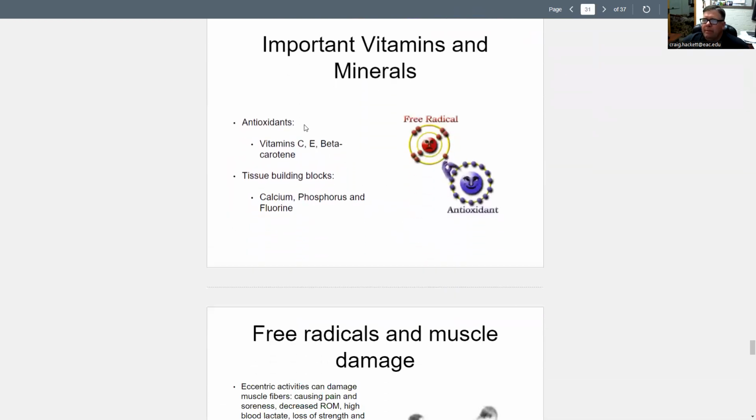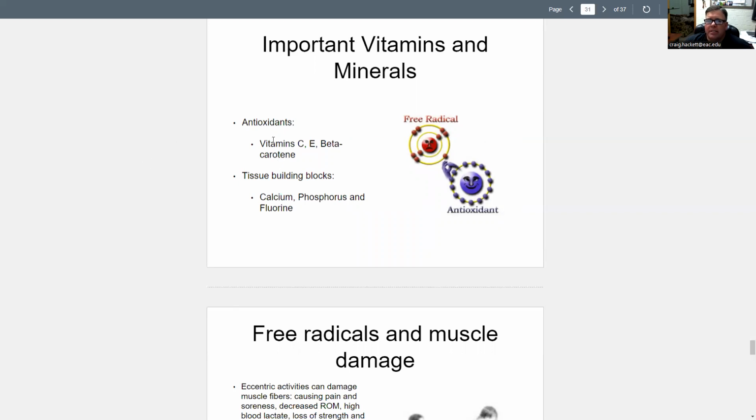So some of the important vitamins that we talked about, antioxidants. The reason I put these here, sometimes it shows up on your test, but more importantly, these are the ones that you want to make sure that you're getting in pretty often, right? You're eating them or consuming. Because what we're trying to do is get rid of these free radicals. And this is produced with just normal everyday work, muscle contraction, especially eccentric contraction.